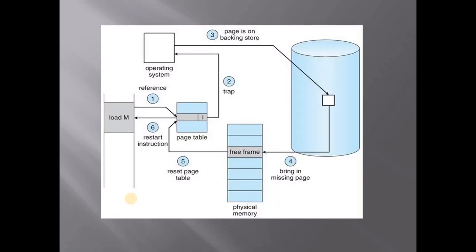Whenever a process requests a page, the virtual address is sent to the memory management unit. The memory management unit checks the valid bit in the page table entry of the page. If the valid bit is 1, it is accessed as in paging.